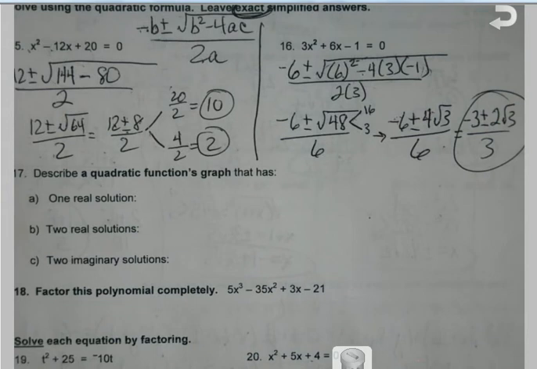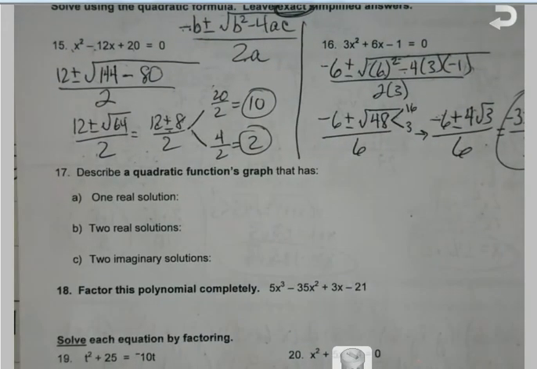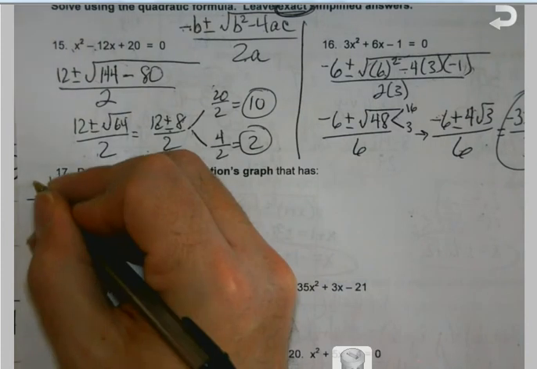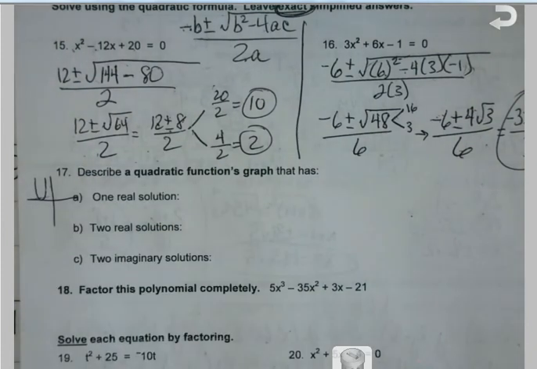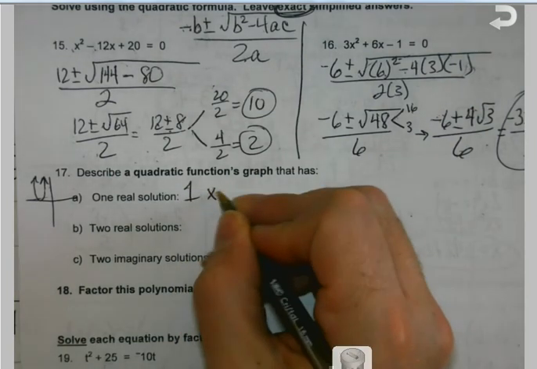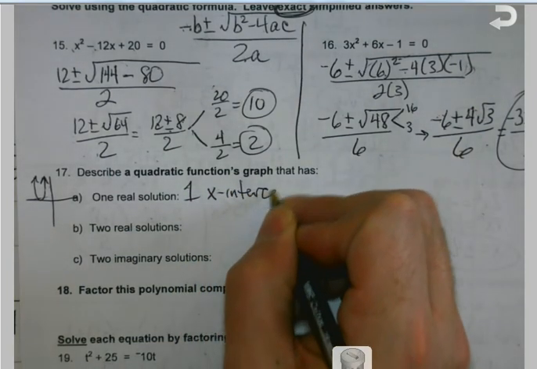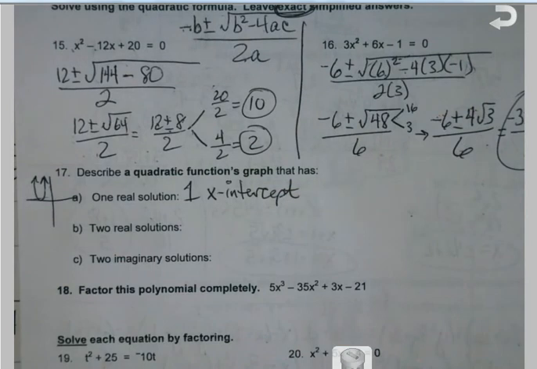Now this next one kind of sees how well we apply ideas. Describe a quadratic equation's graph that has one real solution. Now if I were to draw a picture, my picture would look something like this. Because if it has one real solution, it only has one x-intercept. It only has 1, 0. You could even put that in there. You could say it has 1, 0 if you wanted to.